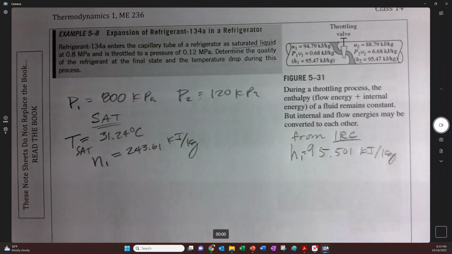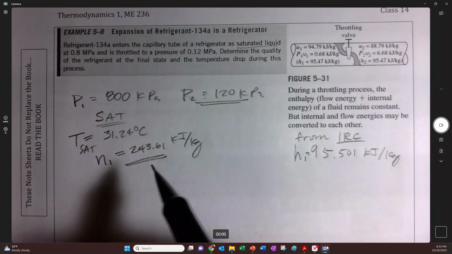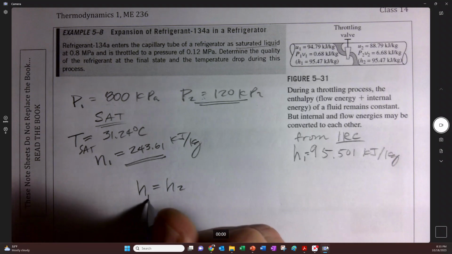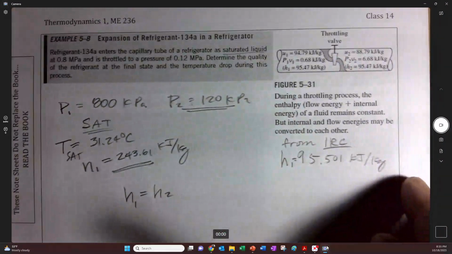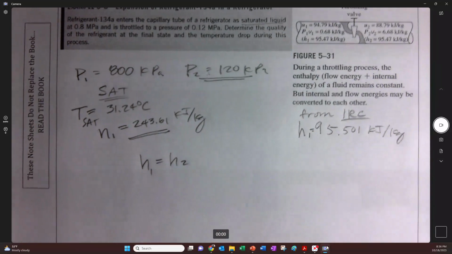What we have to do now is use the same enthalpy, because in the throttling process H1 equals H2. As long as we assume there are no losses, the enthalpy remains unchanged.